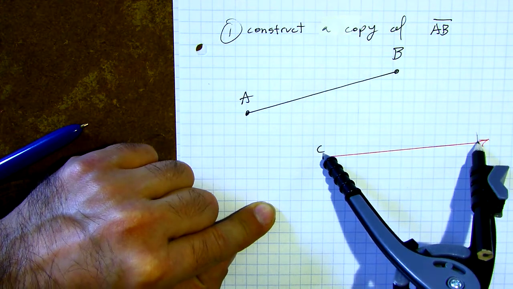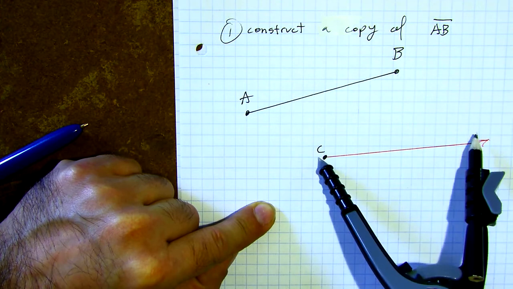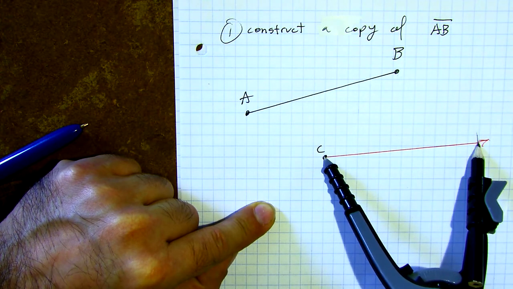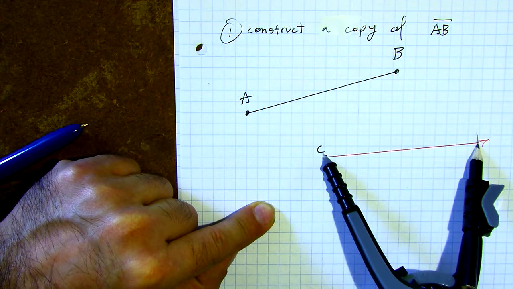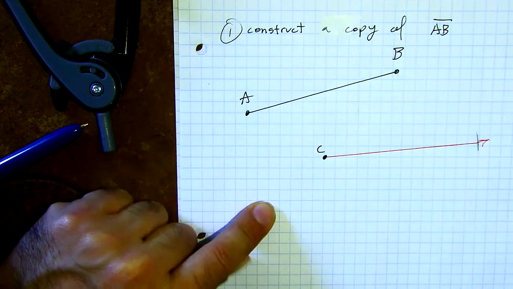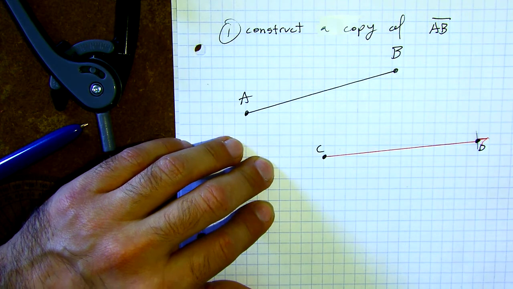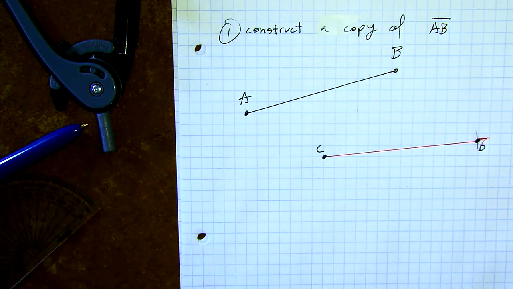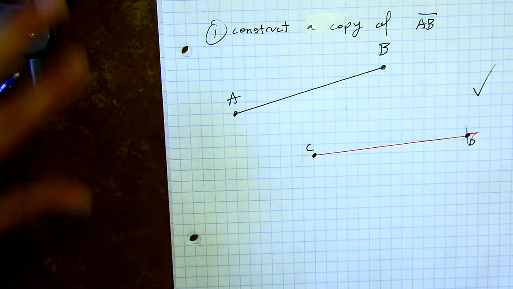Because when I make that arc, I know that it's showing that exact distance. If I spike it at C and make the arc, it is exactly the same distance, you see? Okay. And then let's go ahead and put a point right there. We'll call it D. And we got it. No problem. All right.